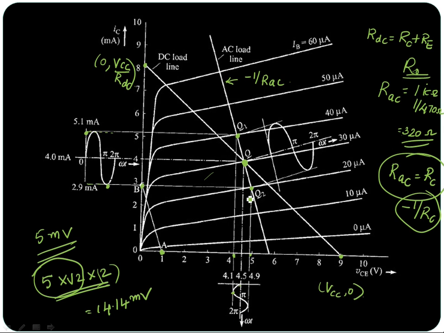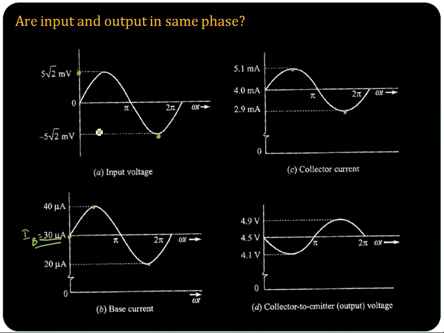As it is moving to Q2 operating point, when collector current is decreasing in this manner, you see the VCE value is increasing to 4.9. So that phase difference is shown here in this waveform. It is decreasing to 4.1 and then increasing to 4.9.